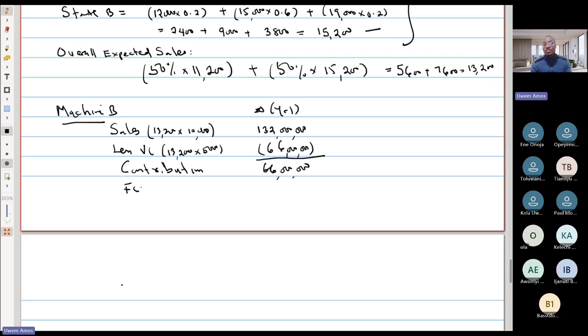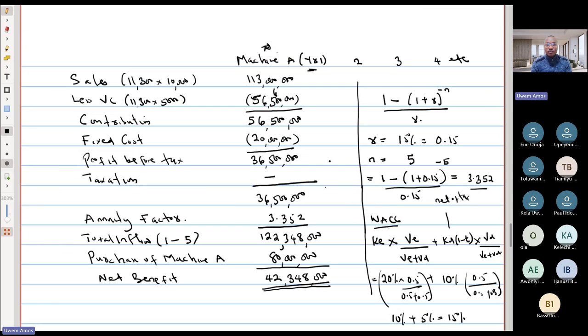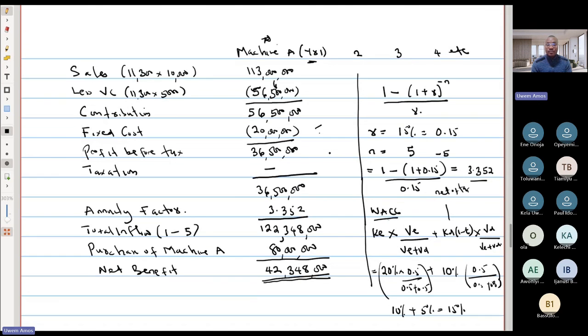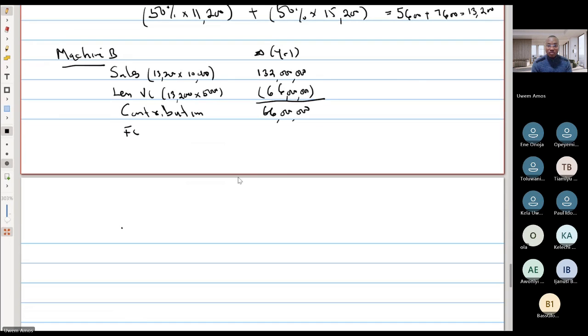Our fixed cost does not change, so we have our incremental fixed cost of 20 million. And that gives us profit before tax of 46 million.